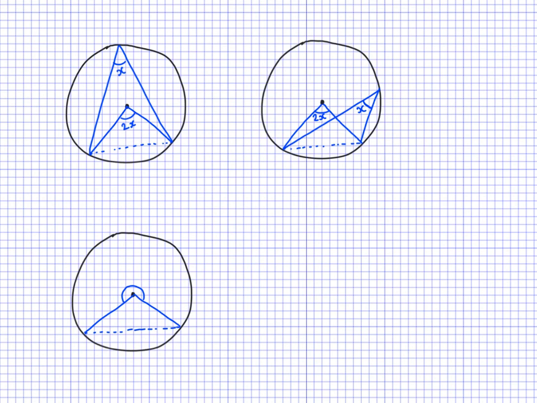So I've used my chord, and I've subtended an angle at the center and an angle at the circumference. Again, it's the same thing I did in the other ones, and the rule will be the same. If this value here is x, this will be 2x. So the angle at the center would be twice as big as the one at the circumference.